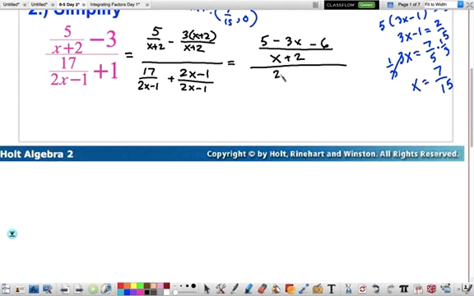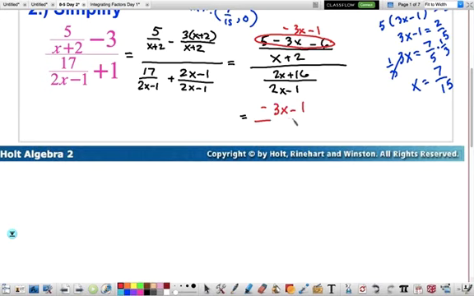So you get 2x plus 16 over 2x minus 1. Now it looks like something we can do, right? Looks a lot easier. Well, actually, let's fix this guy up top, too. This is negative 3x, 5 minus 6, negative 1. So this is negative 3x minus 1.